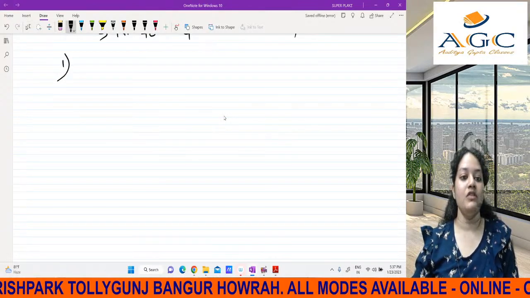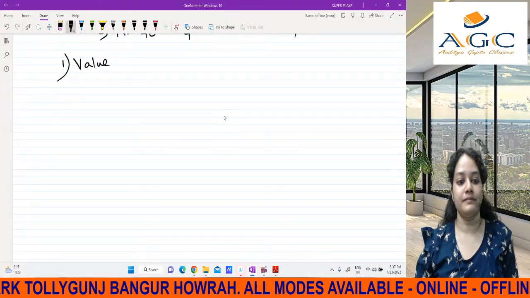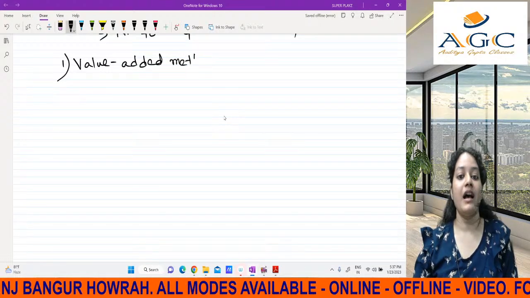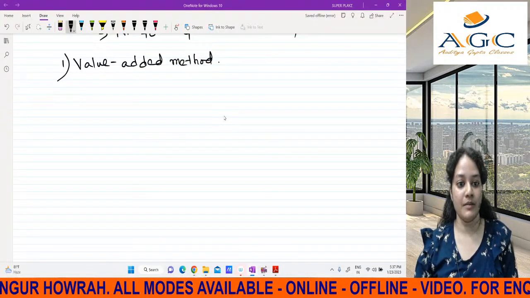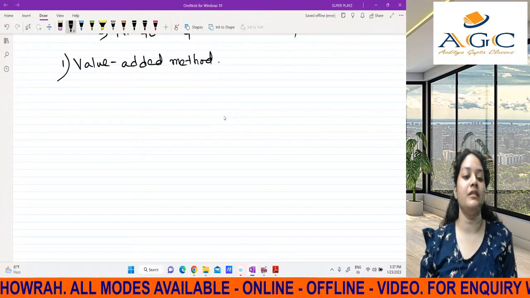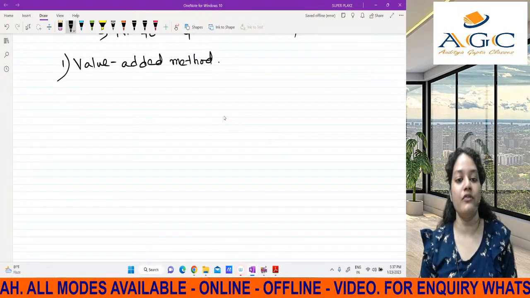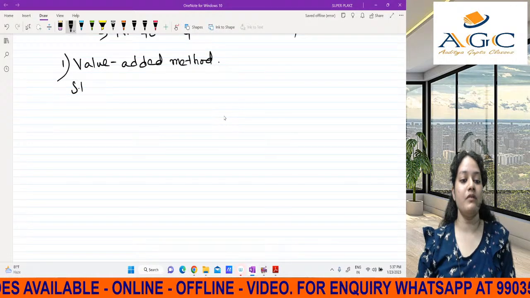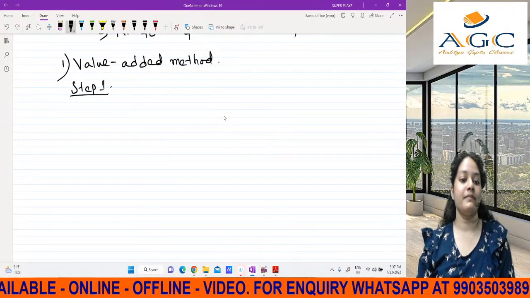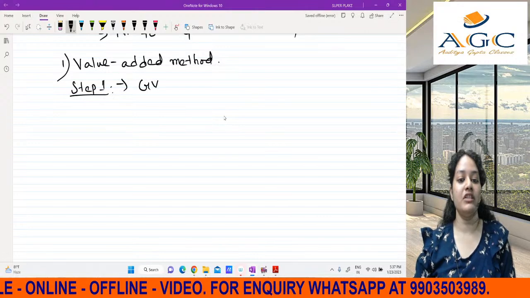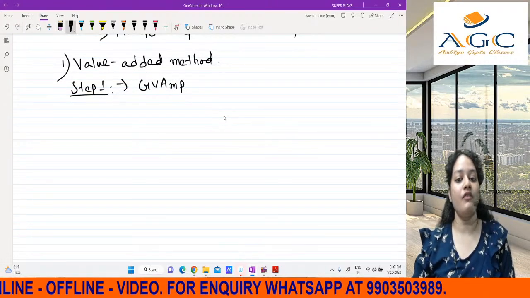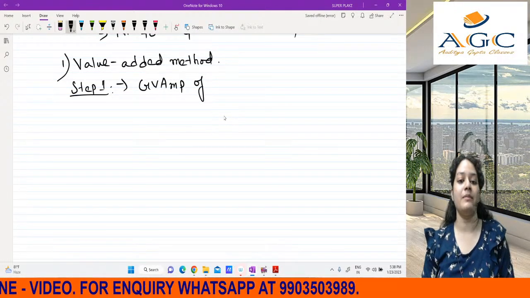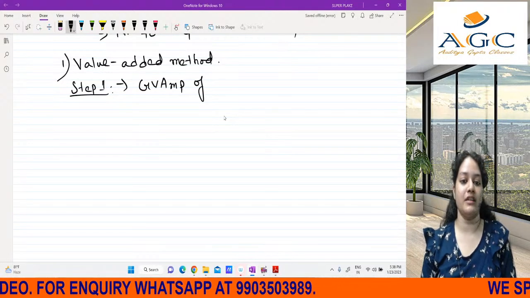Okay. So the first method is the value added method. After giving the formulas, we will be solving a sum on this as well. In the value added method, there are some simple steps that you have to follow. Step 1: you have to find out your GVAMP of all the three sectors, as in not your household and business sectors, but your primary sector, secondary sector and tertiary sector.